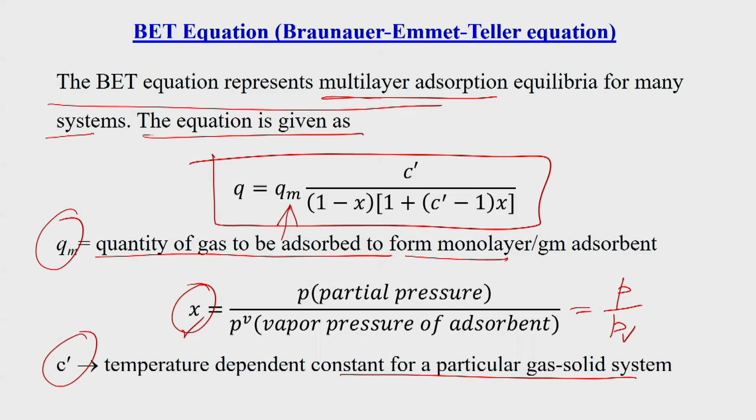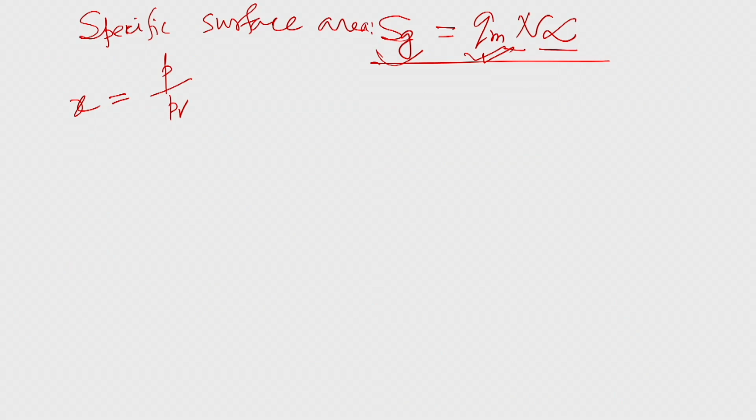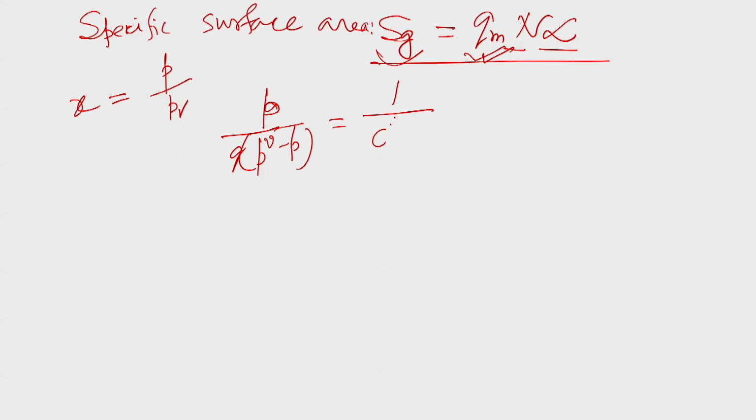Putting x is equal to P by PV, we get P by Q into PV minus P equal to 1 by C prime into Qm plus C prime minus 1 into P divided by C prime into Qm into vapor pressure.